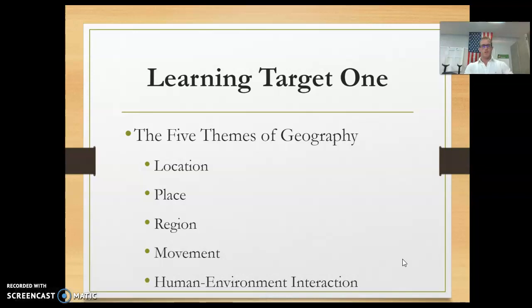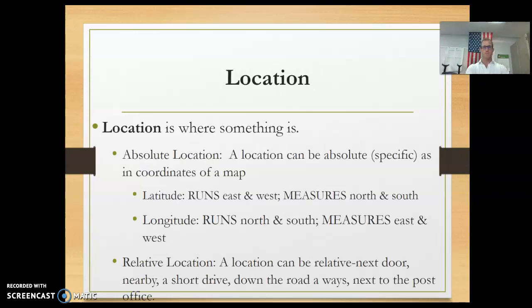The 5 themes of geography are location, place, region, movement, and human-environment interaction. I'll talk in more depth in the coming slides about what each one of those is. Location is where something is, and there are different ways to describe location.